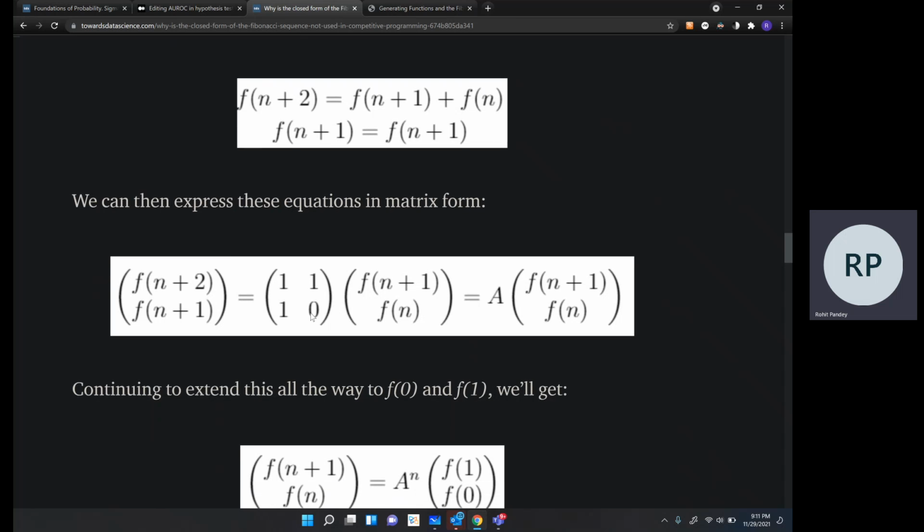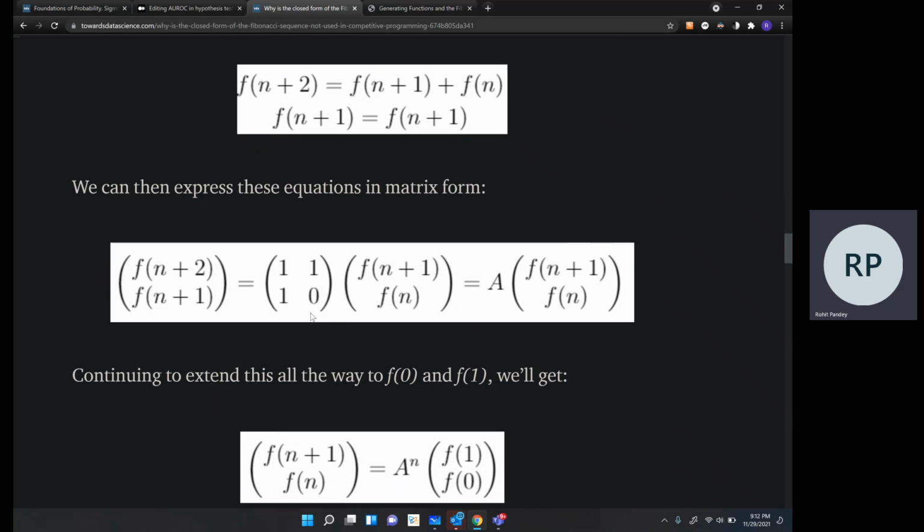Every matrix multiplication is 8 scalar multiplications for a 2 by 2 matrix. So it's kind of 8 times worse. So why do people use it? In terms of big O notation, it's still O log n, just like the closed form, but it's 8 times worse.